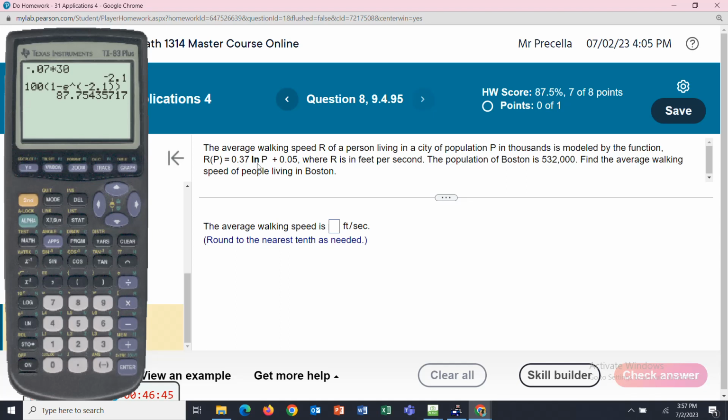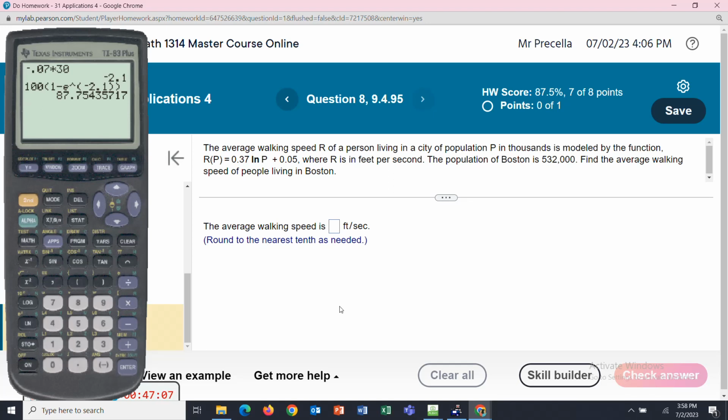That's an ln, natural logarithm key on your calculator. The population of Boston is 532,000. Find the average walking speed of people living in Boston.